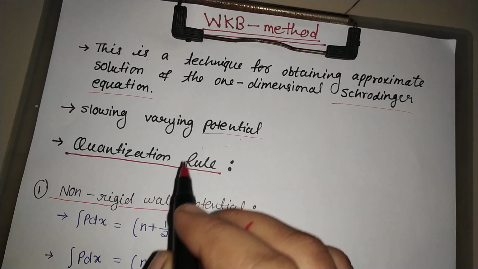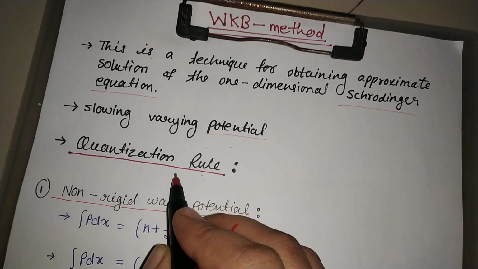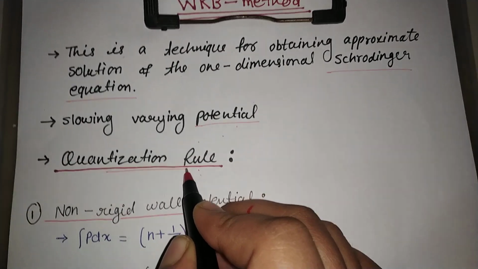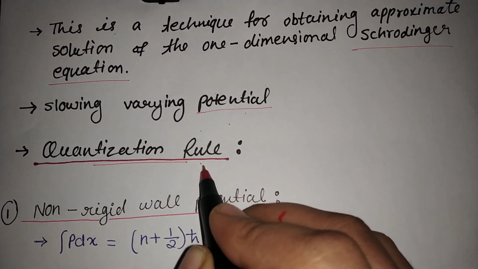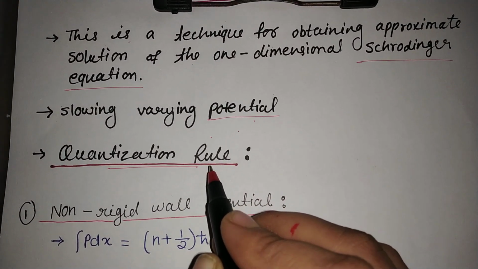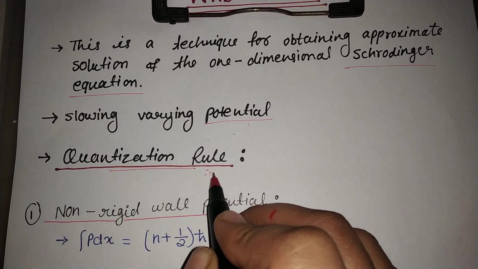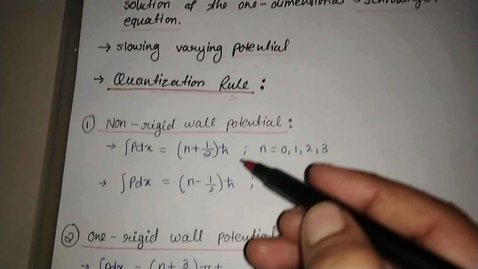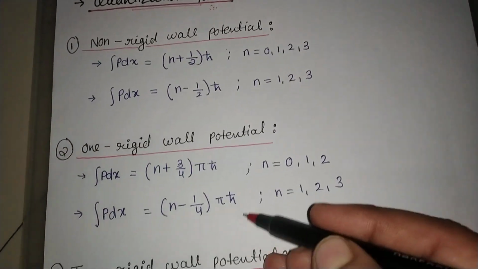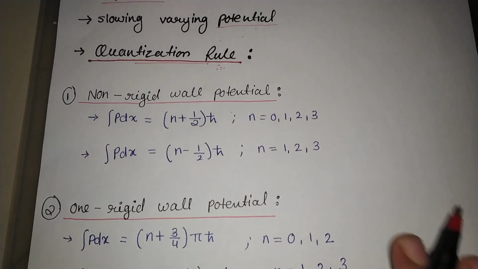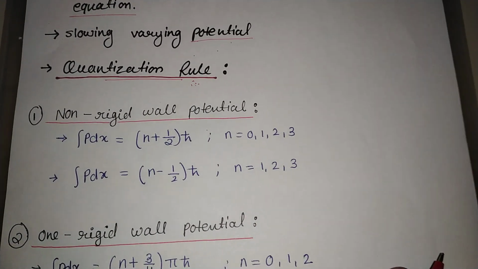And in this, there are some quantization rules which we can use to solve the WKB approximation. So these are the cases that we have to remember to solve the WKB method.